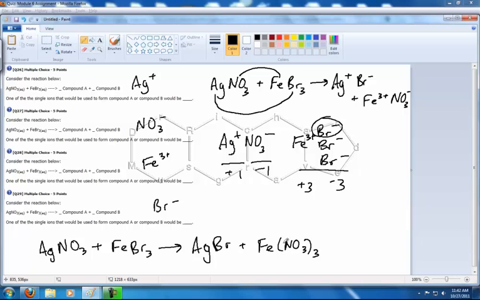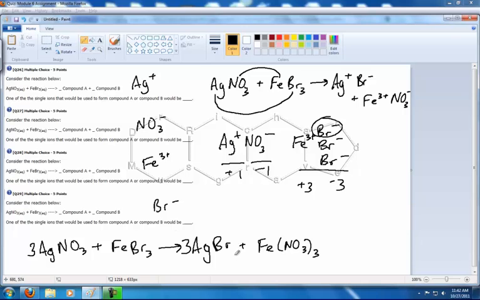And if I wanted to continue on with this, I would balance out the actual reaction. And you see I've got 1 Ag, 1 Ag. I've got 1 Fe, 1 Fe. I've got 1 NO3 and 3 over here, so I'll put a 3 in front of the AgNO3. That means I need a 3 in front of the AgBr. That gives me 3 silvers, but it also gives me 3 Brs, which balances these 3 Brs here.